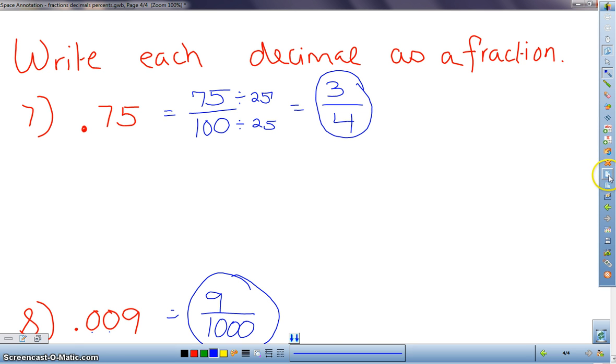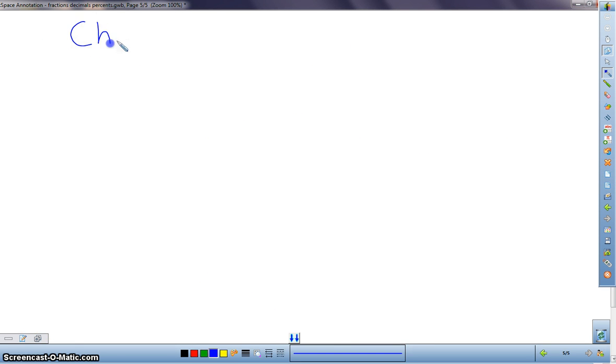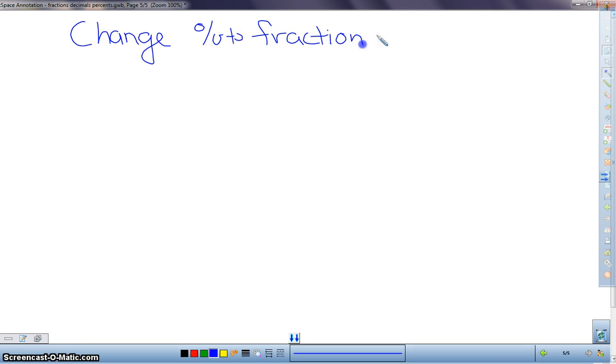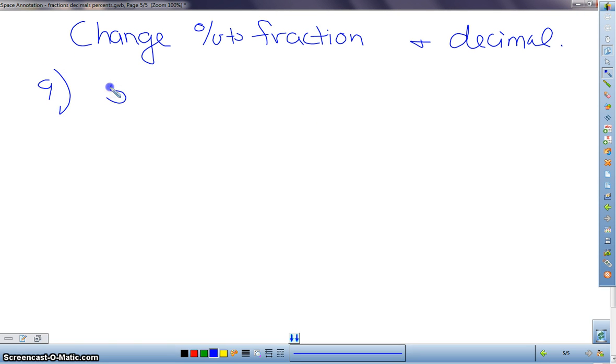Now we're almost done. Now I'm going to change each percent into a fraction and a decimal. So change percent to fraction and decimal. Okay, I don't even know what number I'm on, and I'm on 9. So I'm going to do 5% first. 5% as a fraction means 5 over 100, because remember, when you compare a fraction to a percent, percents are always out of 100.